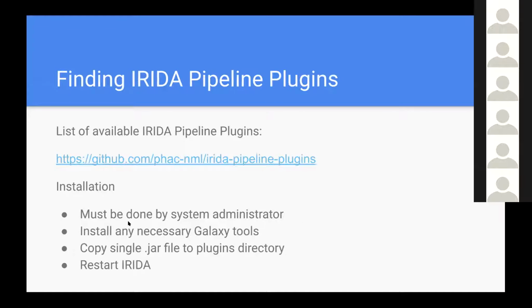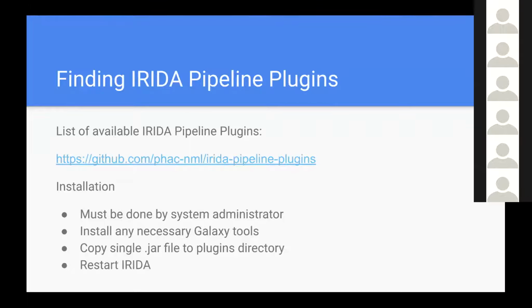If you want to go beyond that and look at the other Irida pipelines that are available out there, there is a GitHub page under the Public Health Agency of Canada, National Microbiology Lab GitHub organization. There's an Irida pipeline plugins page that is a simple README document with a list of the existing Irida pipeline plugins.